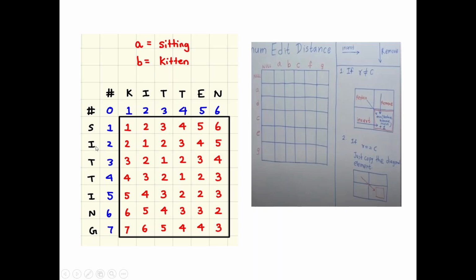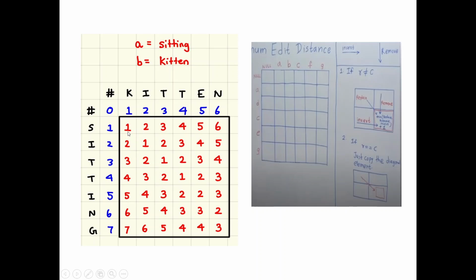Now come to the second condition. I compare I with K. I have three elements with me now: 1, 1, 2. Because I is not equal to K, the rule is the minimum of these three elements plus 1. The minimum is 1, 1 plus 1 is 2. Now I compare I with I. This is the second condition: I is equal to I, row is equal to column.